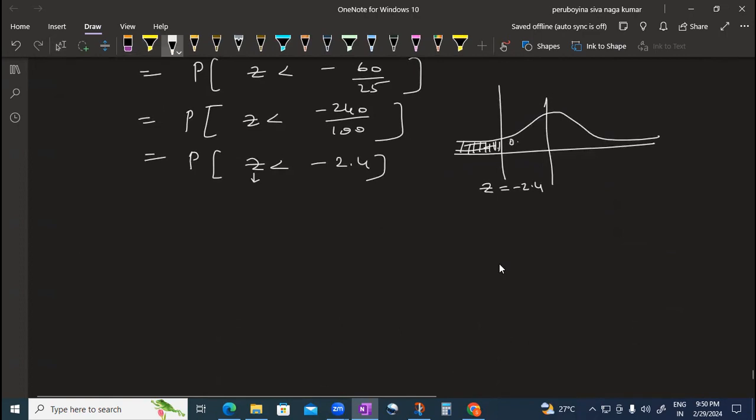This part from 0, from this line up to this line, this shaded part is 0.4918. But actually, we need this white shaded part, and half of the part is 0.5. So to get the white shaded part, I am subtracting 0.4918.